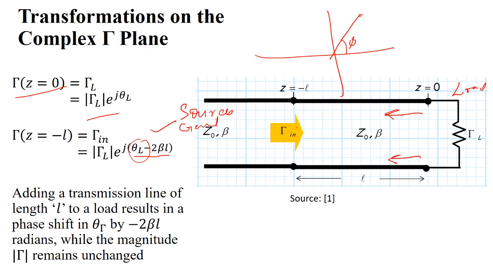So when you are moving from load to generator side, L will increase, and we have already put L here. So the resultant phase will decrease. Now the amplitude will remain the same. This point will move in this direction, so the phase will decrease, and you are moving in the clockwise direction.